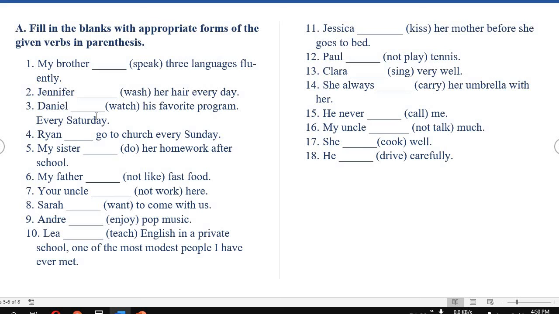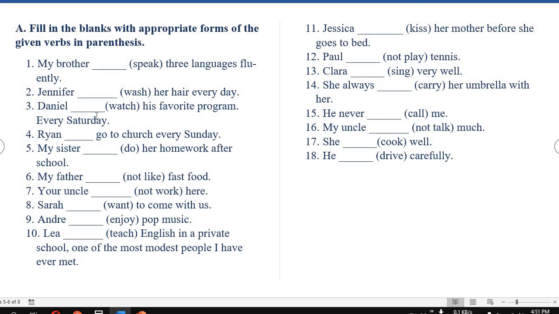Number 2. Jennifer dash wash her hair every day. Jennifer, we can get the point that it is the name of a girl or female, so we can use she in place of Jennifer, and we also know that she is third person singular number.